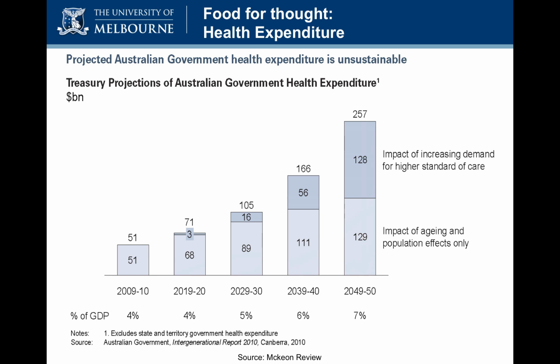But on top of that, there's an increasing demand for a higher standard of care. So not only can we expect healthcare expenditure to rise because there are more older people who demand more healthcare, but those people in turn are likely to increase their use of healthcare over time compared with people at current levels.